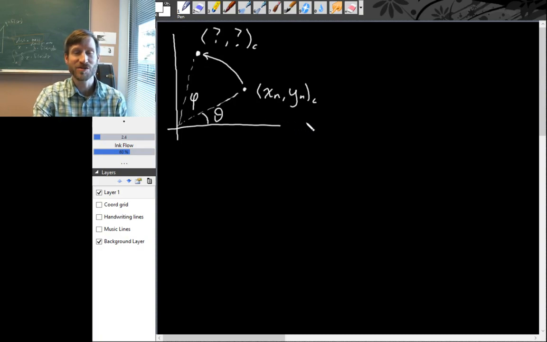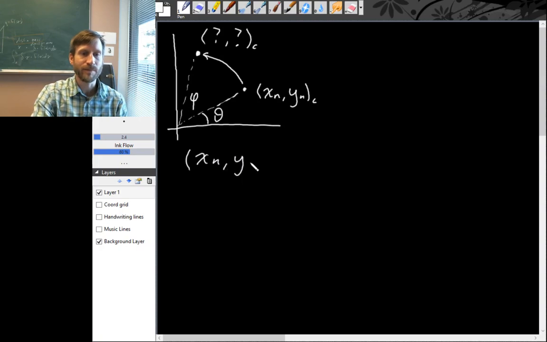Let's imagine describing to the computer how to get the polar angle and then add phi and then get back to the Cartesian coordinates. So first you'd start with x sub n, y sub n. Now we need to somehow tell the computer how to figure out the polar coordinates of this point. The polar coordinates of this point would be r comma theta, but r is the square root of x squared plus y squared.